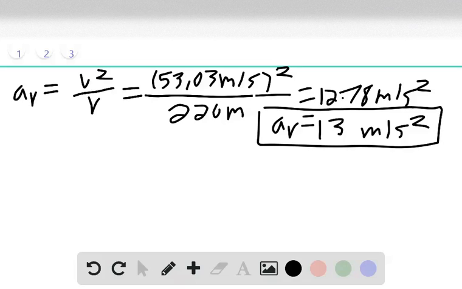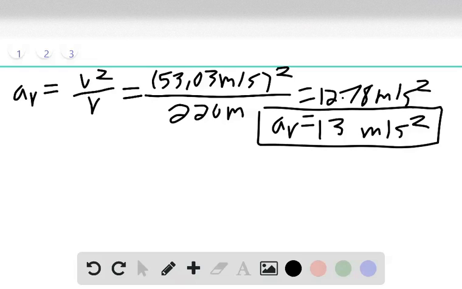Okay, so now the second part of this question asks us to find the static friction if there was no bank, if the road was flat. So the total acceleration is given by the Pythagorean theorem of the tangential and centripetal acceleration.